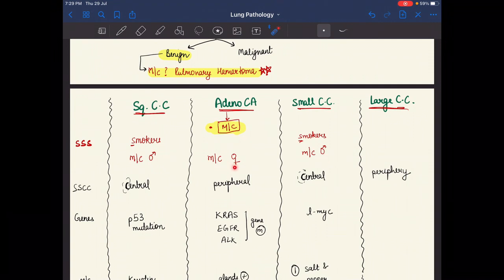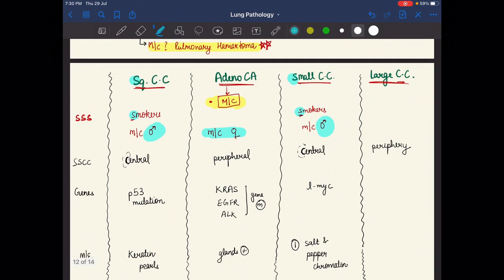Squamous cell carcinoma most commonly involves males, and adenocarcinoma involves females. Males smoke more, which is why squamous and small cell involve males most commonly. In these the central part is involved.